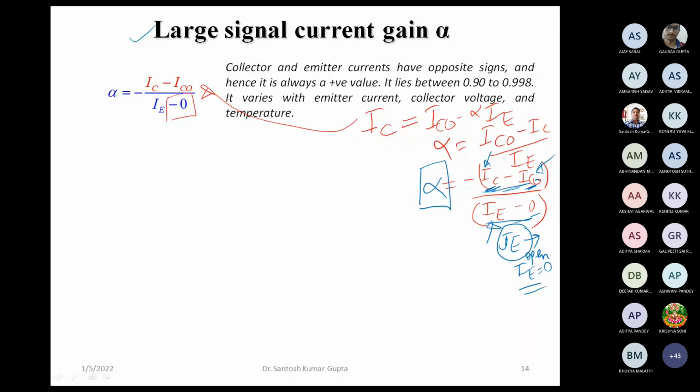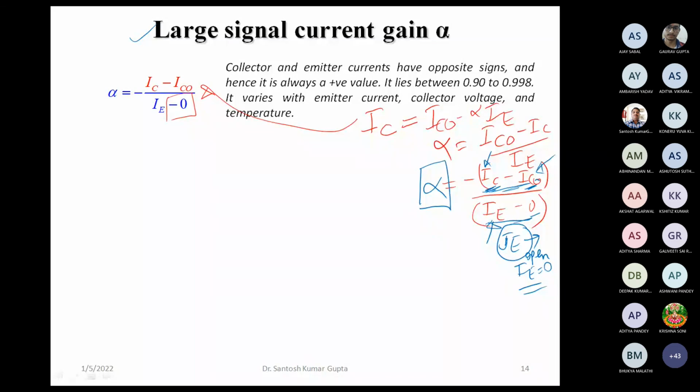In the transistor, we are forcing the current from the emitter end and taking the current from the collector end. So the emitter end seems to be the input and the collector end seems to be the output.